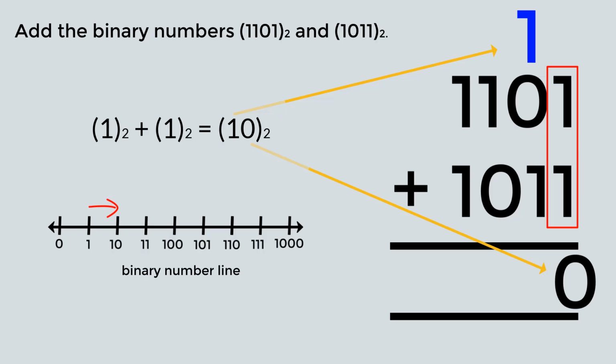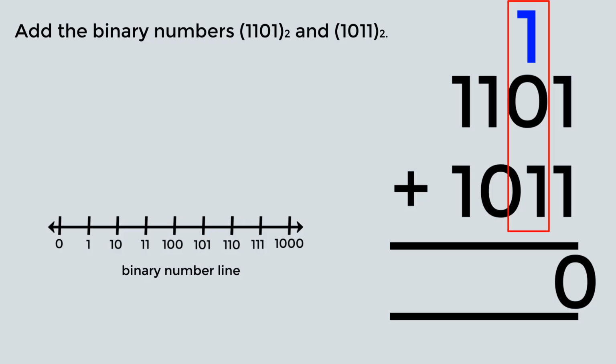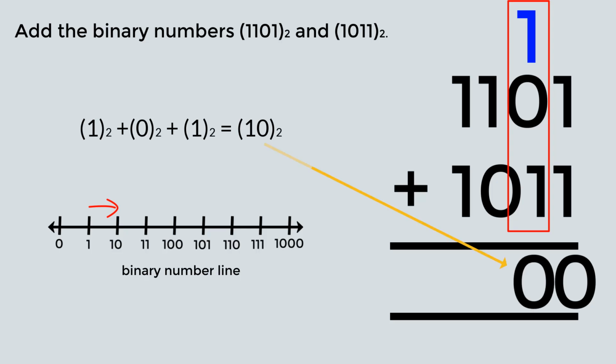That carried 1 means one group of 2. In the next column, we now have 1 plus 0 plus 1. This is 10 in binary again. So we write down 0 and carry 1.